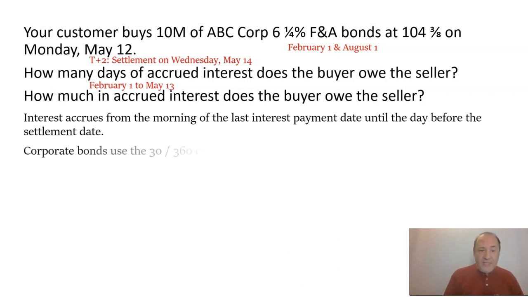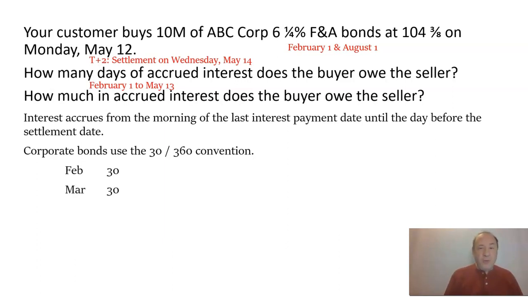Now, how many days is that? Corporate bonds use the 30/360 convention, which means to do the calculation, we're just going to work under the assumption that every month is 30 days long and there are 360 days in a year. So let's count how many days. They owe interest for the full month of February. So February is 30 days in this calculation.